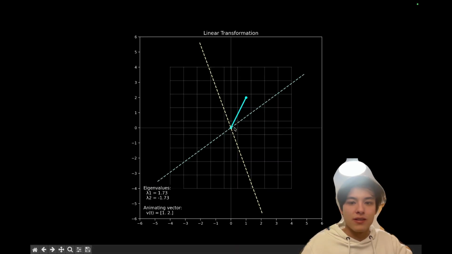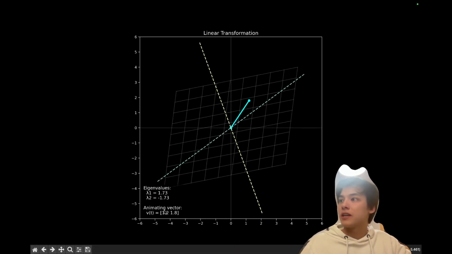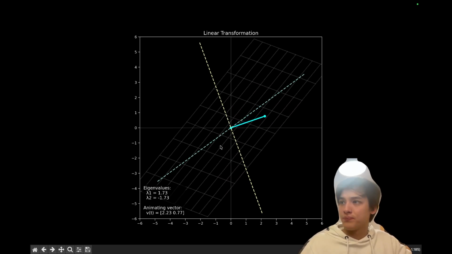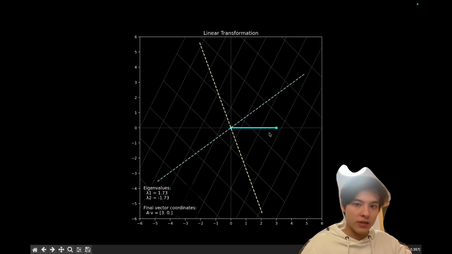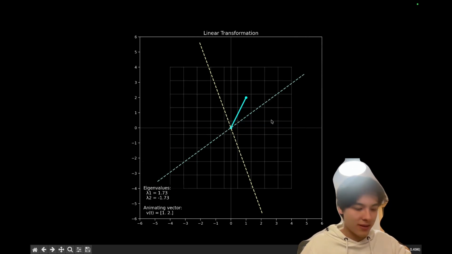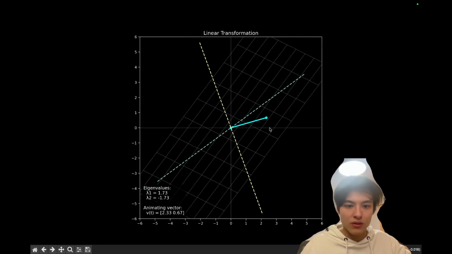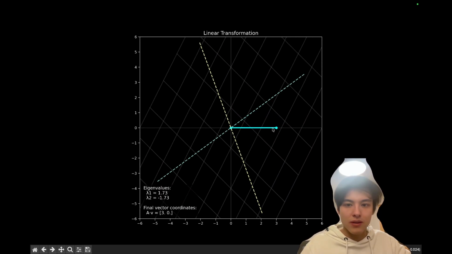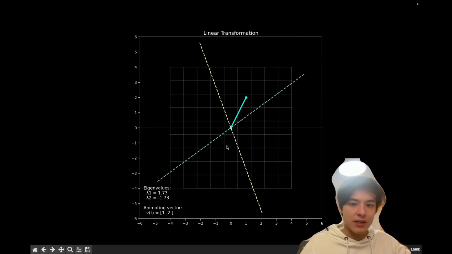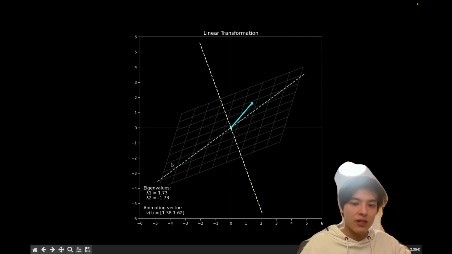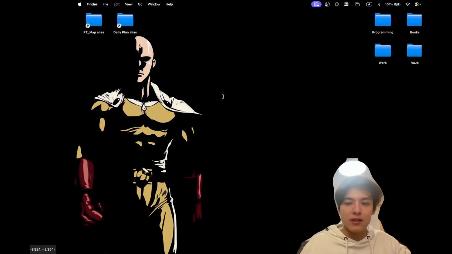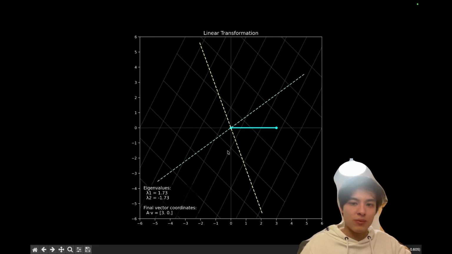Now let's look at the first one. This is where we end, at 3, 0. We see this is our matrix. I inputted it here, and this is what the transformation does.